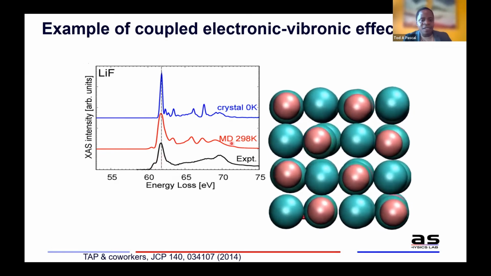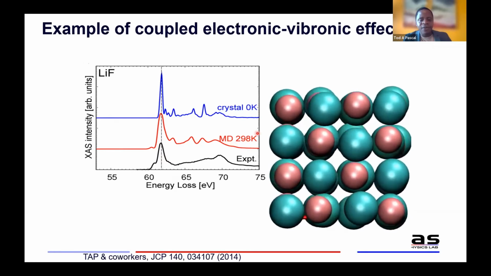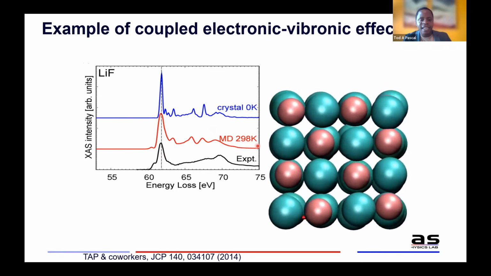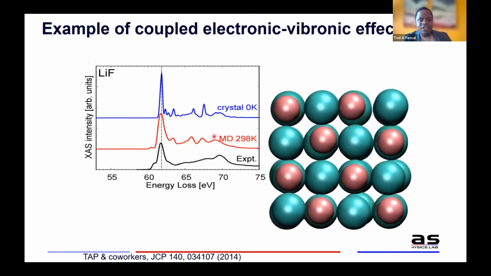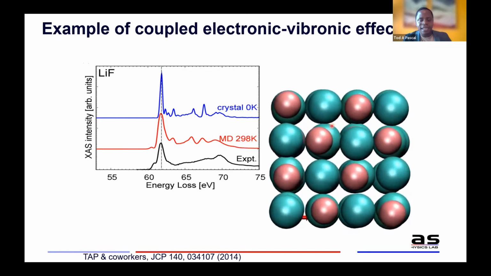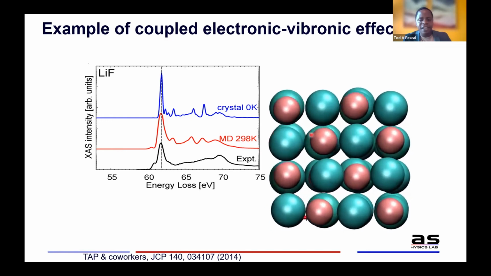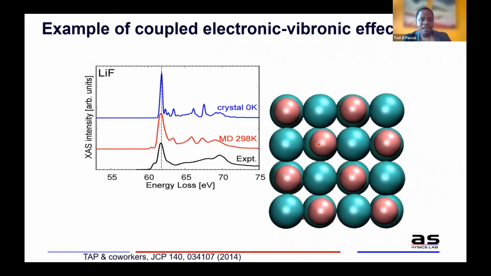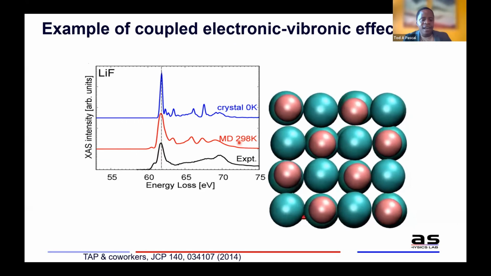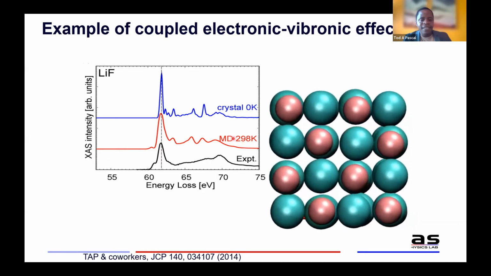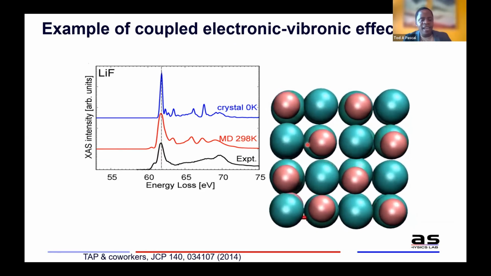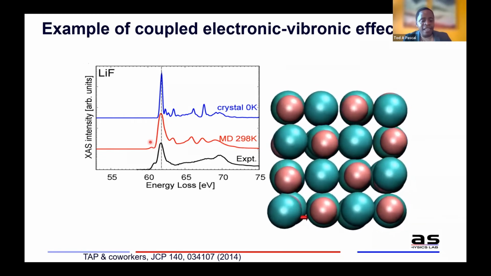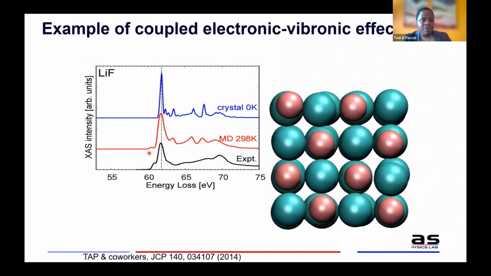But what's really interesting is if we do a molecular dynamics simulation, or sample using other techniques, if we sample the structure at finite temperature, the MD that we ran is shown to the right here, and you see this motion happening, and the lithium is moving a lot more than the fluorine at 298 K. If we take these structures, the snapshots along the way, and average over all of them, we actually get this red curve here, and indeed we start getting this pre-edge feature.